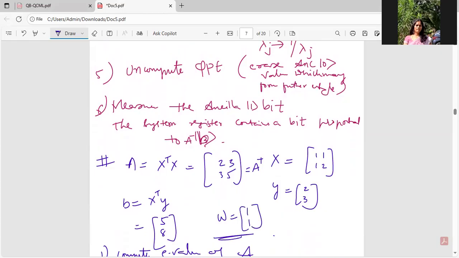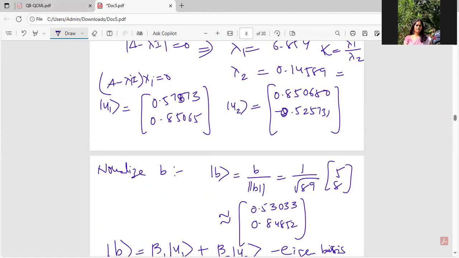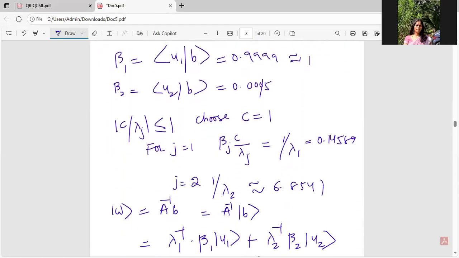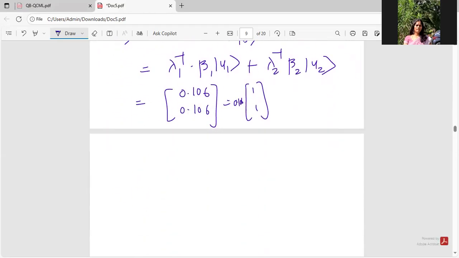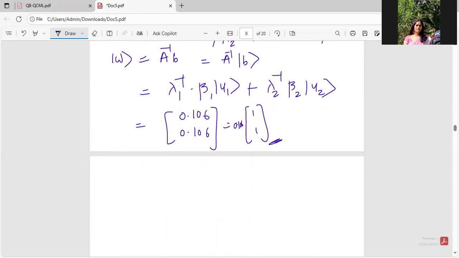Then in the classical way, and if I do it here in the quantum way also, I've got W to be some scalar into 1 only.